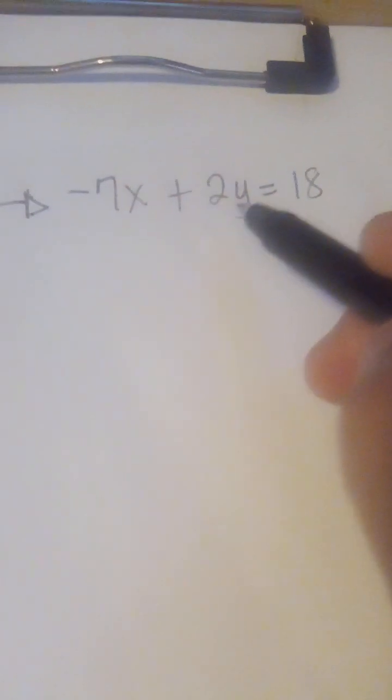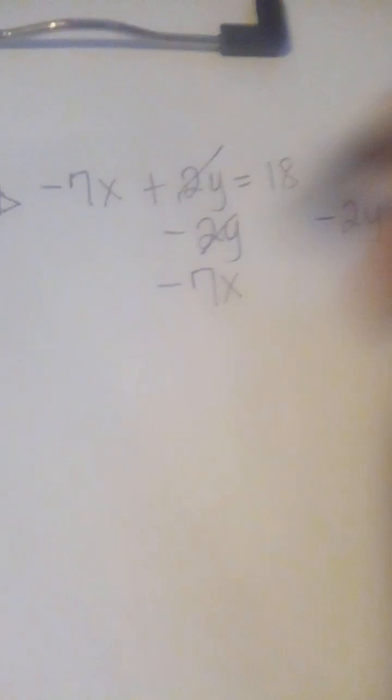And then in order to do this alone, I could subtract 2y from both sides. You'll see why in a few minutes, folks. Cancel out the 2y's on the left side. Bring down the negative 7 here, and then we put the x in front first. Negative 2y.